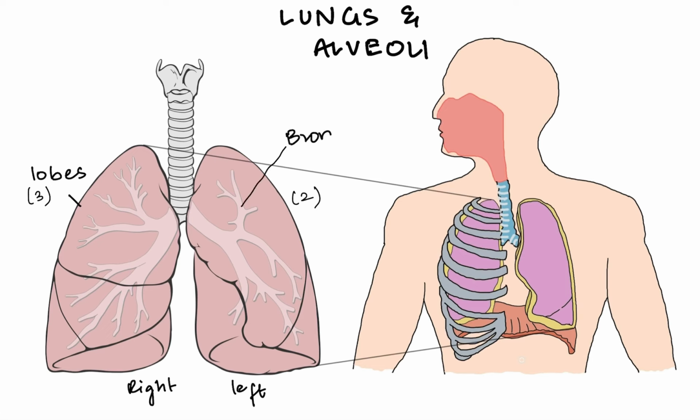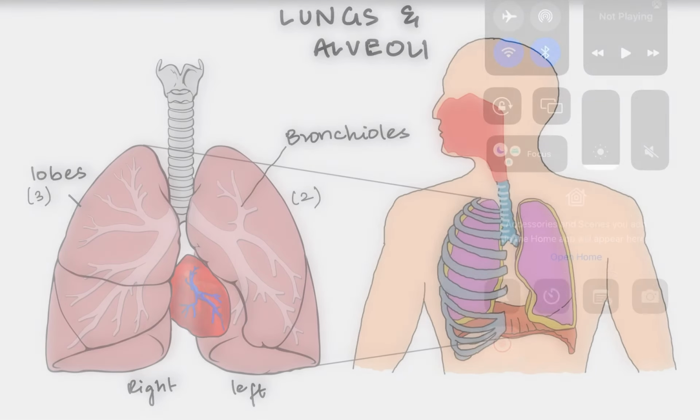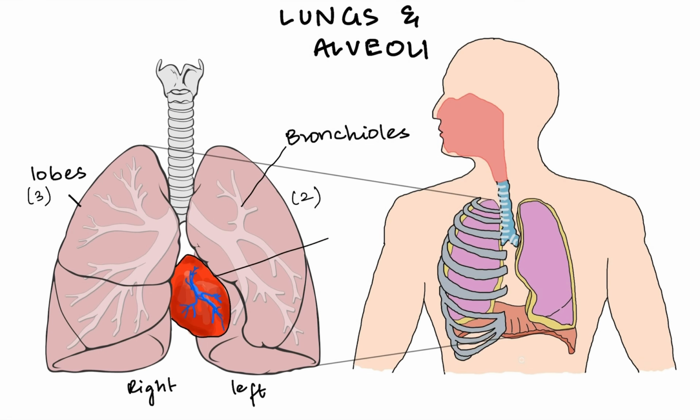The bronchus, which goes into each lung, divides further into multiple bronchioles, and each bronchiole further divides into many bronchioles. In the middle, you can see the heart is right there. So the rib cage is protecting the heart and the lungs.